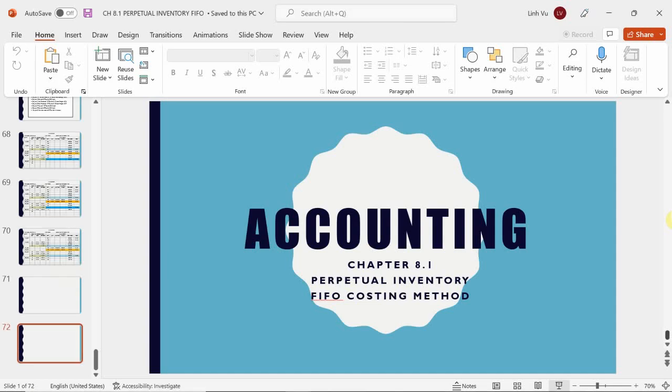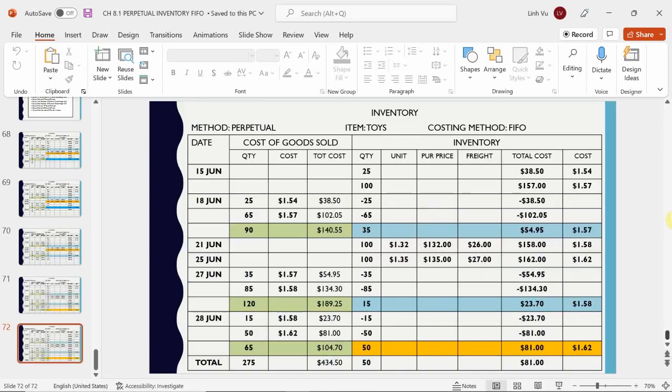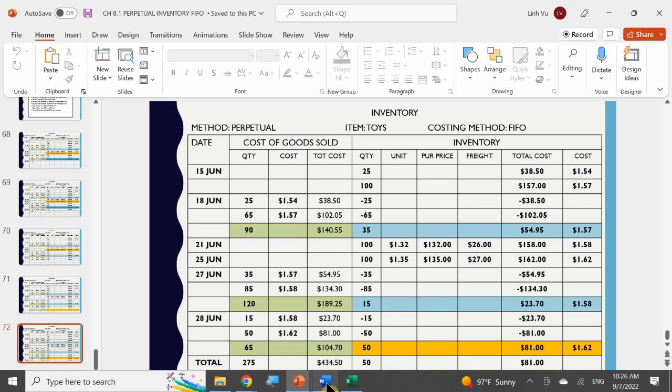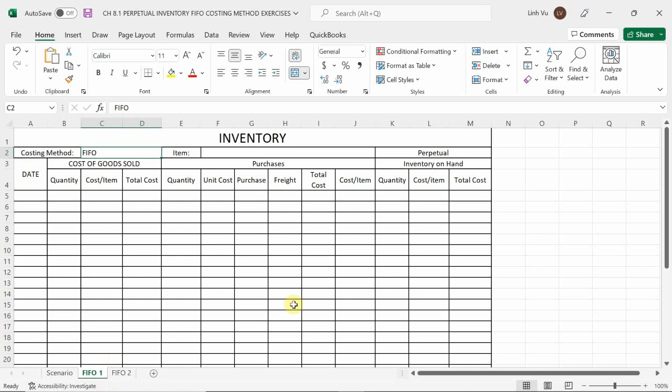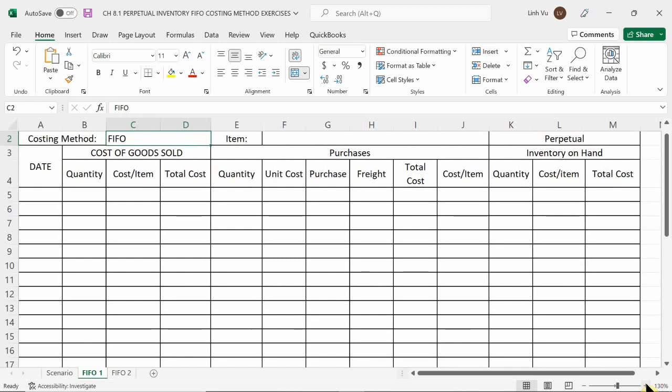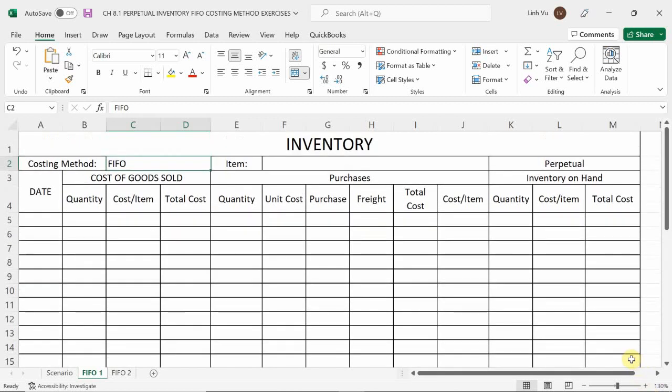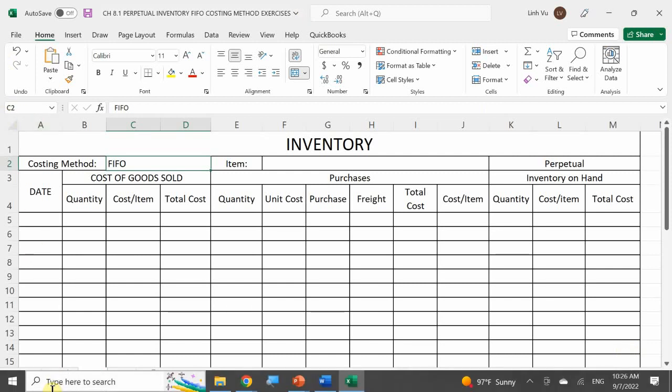All right, so let's go ahead and dive right into the exercise. So this is what I was talking about, okay? When we are looking at my inventory worksheet, right? It's broken up into 3 sections, okay? So now I'm going to show you how to use the inventory on hand. So in this case, ignore the date, okay?